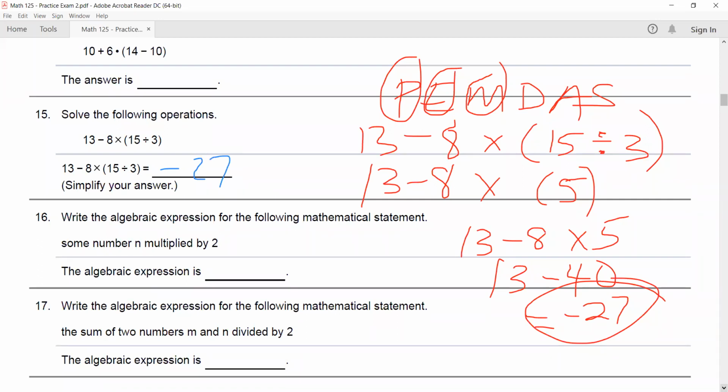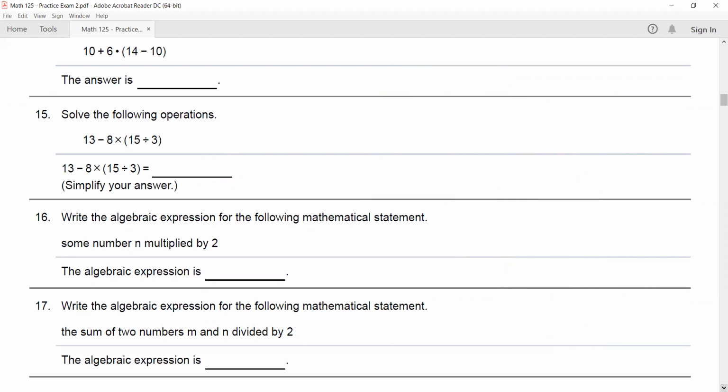All right. Now let's look at number 16. For number 16, it says write an algebraic expression for the following mathematical statement. It says some number n multiplied by 2.